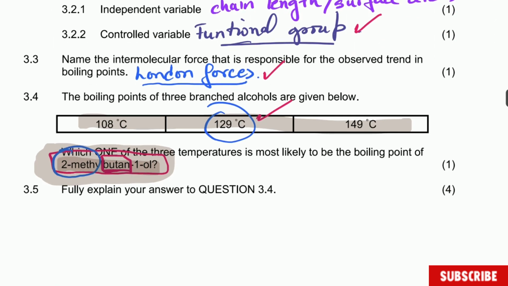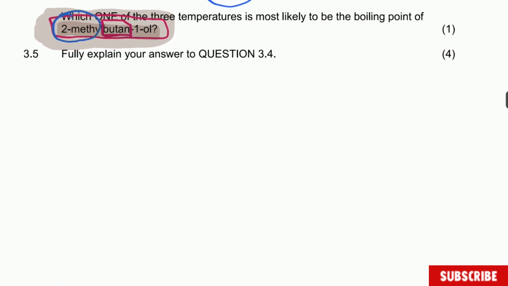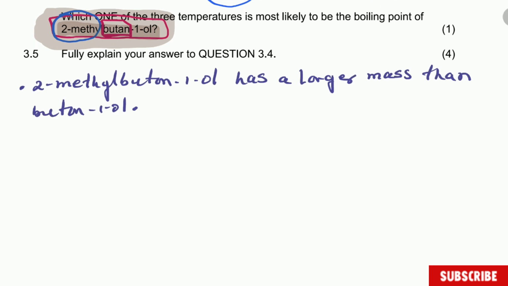So let's explain fully what we're supposed to say for question 3.5. The first thing you have to say is that 2-methyl-butan-1-ol has larger mass than butan-1-ol, and you will get 1 mark. Because it has a larger mass, it will therefore have stronger London forces. The hydrogen bond stays the same because we're still working with a 1-ol.